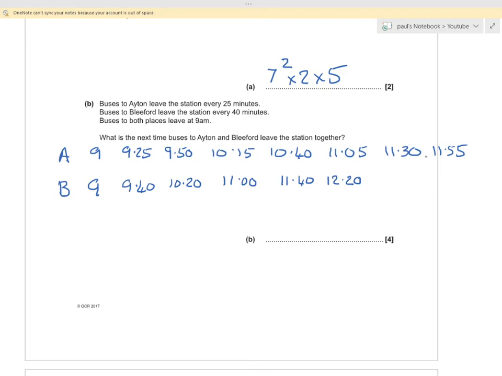Oh, I need some more buses, yeah? I'll have to do some more of the 25-minute ones. 11:55 plus 25 minutes is 12:20. Ah, just need one more bus. 12:20.